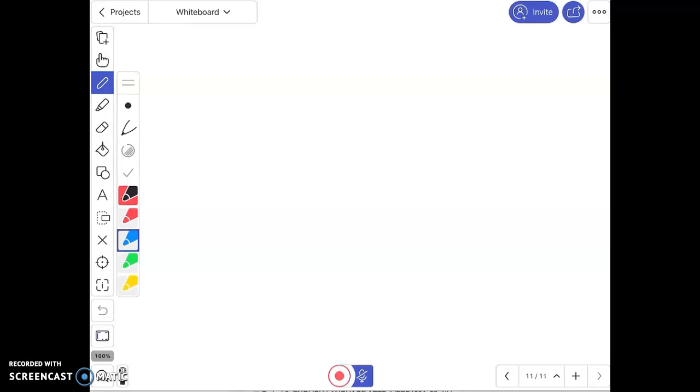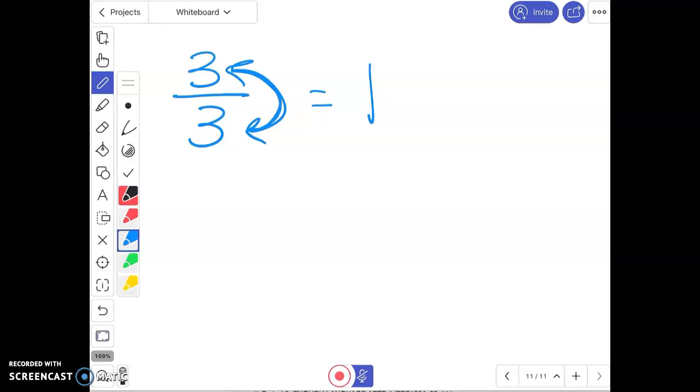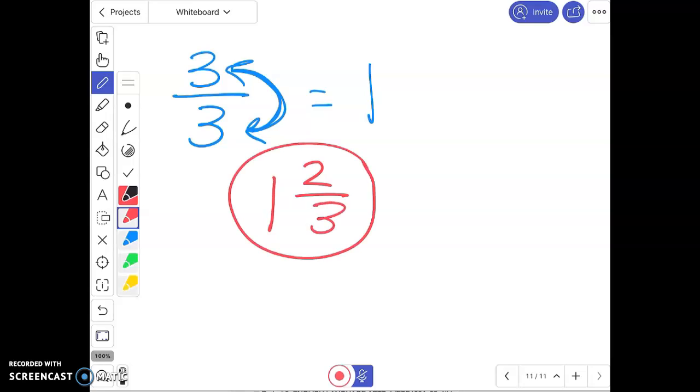We can do this with fractions that are greater than 1. Yesterday we talked about how fractions that are equal to 1 have the same numerator and denominator. This means it's equal to 1. So if I have, let's say, the fraction 1 and 2/3, I can represent that 1 as 3/3 because I'm working with thirds here.